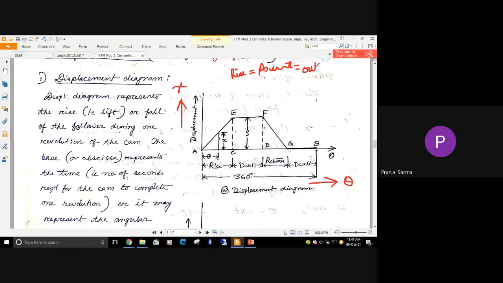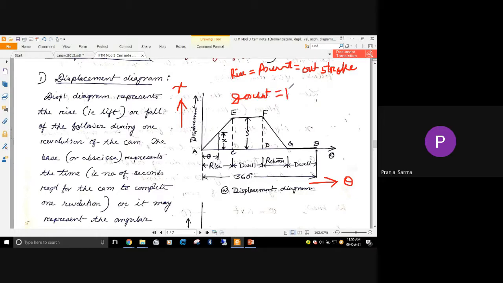Pardon my handwriting. These all have the same meaning, though the names are different. Similarly, we have the descent stroke, and that is also known as the return stroke.